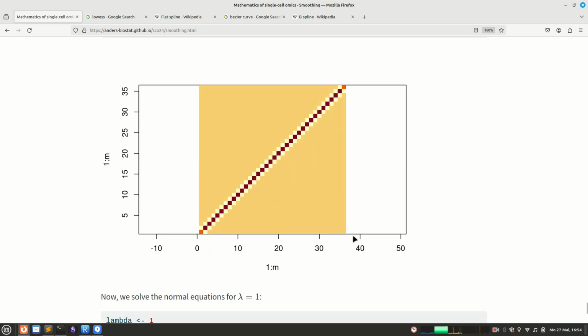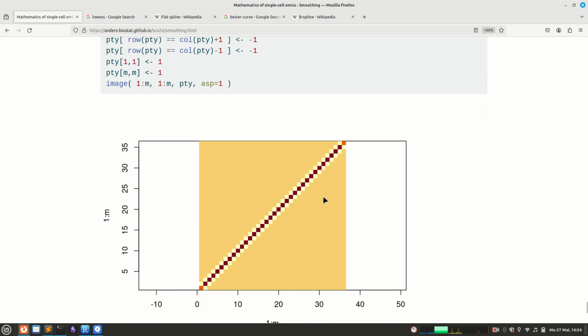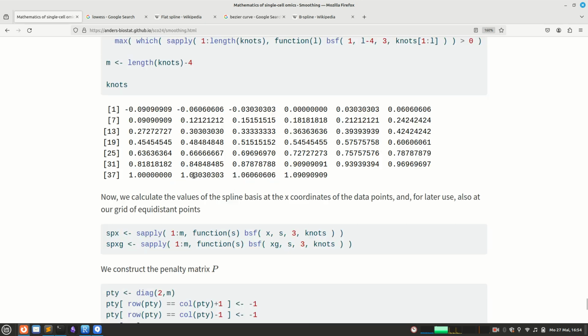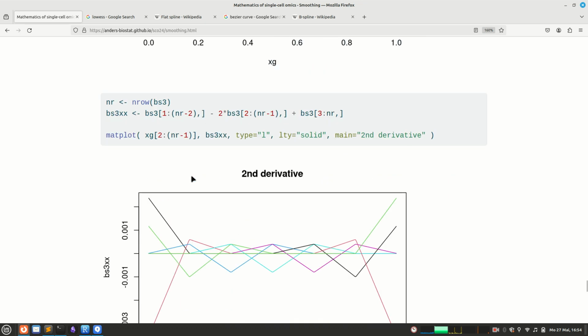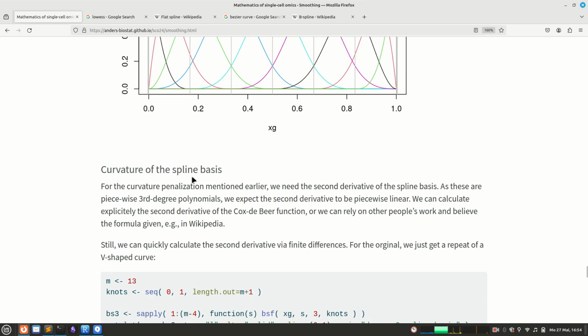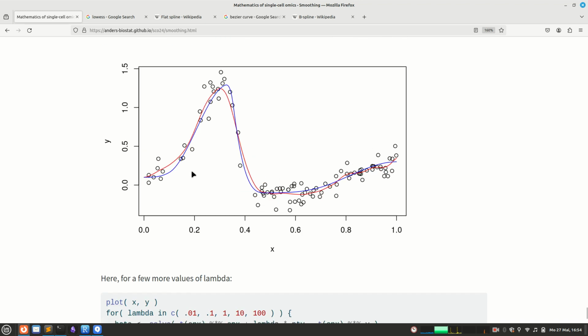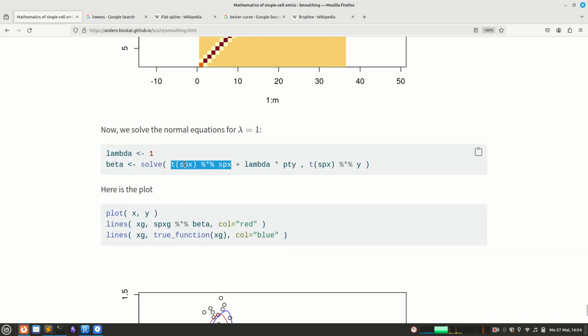When I constructed my P matrix with the twos in the diagonal, the ones here, and the minus ones outside, for these many basis functions, I calculated the matrix, and this time I wrote the matrix explicitly, what we had up here with X transpose X plus lambda P. Let's see, that's what it says here. Where was I?